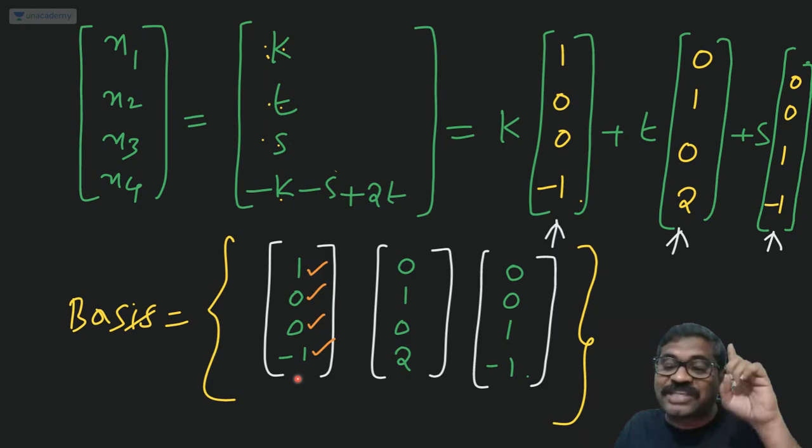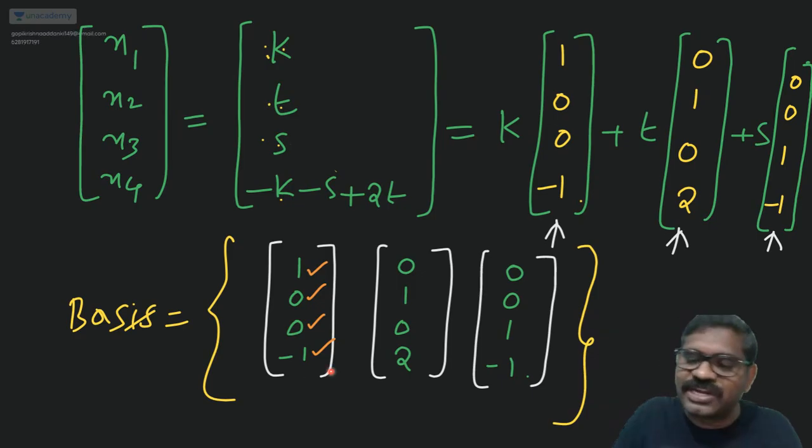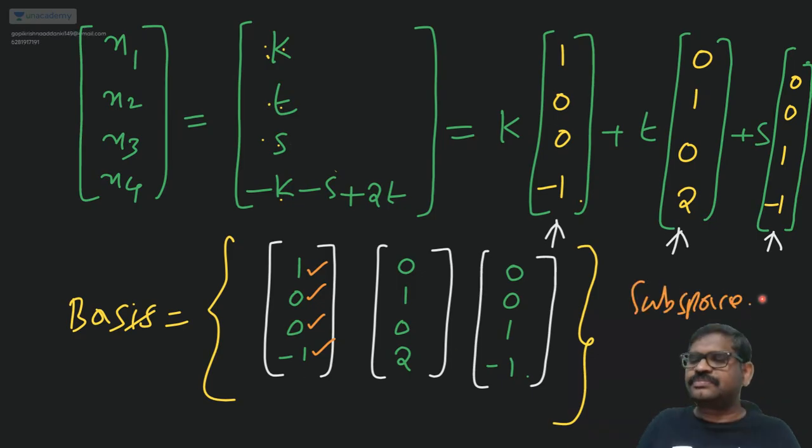Your vector space is of dimension 4, but you have only 3 independent vectors. That's why it is only a subspace. Catch my point? So this is a basis for a subspace of R power 4.